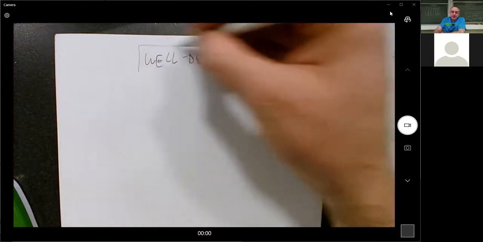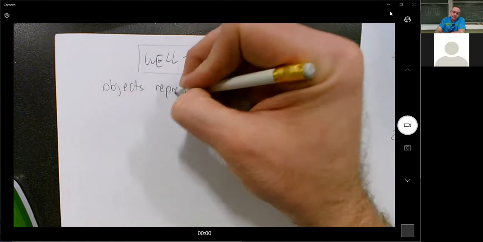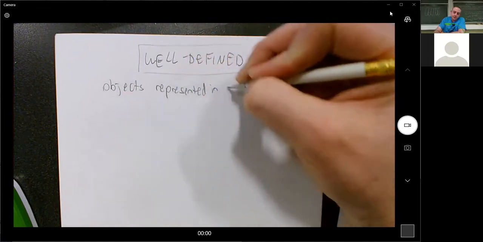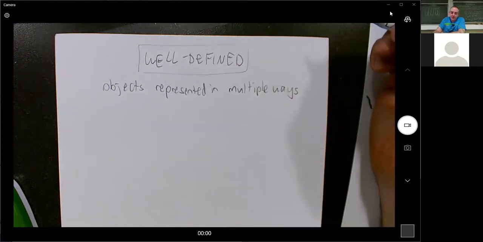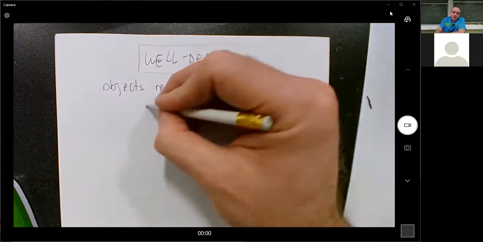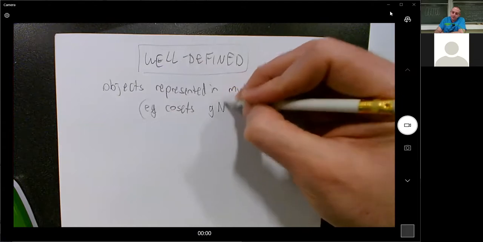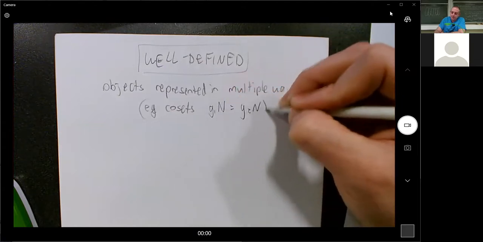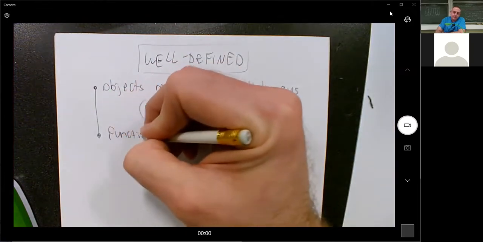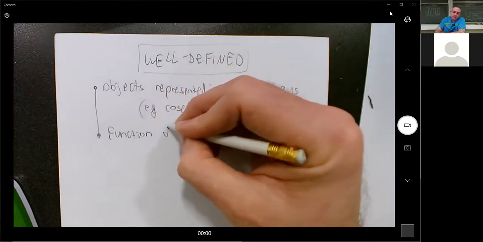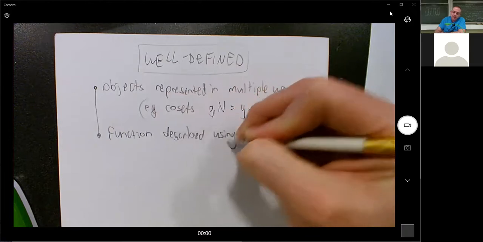So well-defined, it's like you have objects represented in multiple ways, e.g. cosets. And the function is described using the representation.